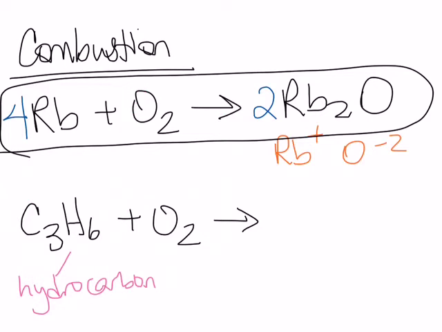And when you react a hydrocarbon with oxygen, you're always going to get CO2 and water. Now, this is not balanced, and this one's a little bit more difficult to balance than some of the other combustion reactions you can work with. So we'll leave it unbalanced for now. But if you have a hydrocarbon reacting with oxygen, you're always going to get CO2 and water. So those are the easiest ones to complete.